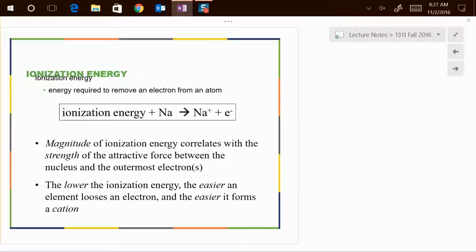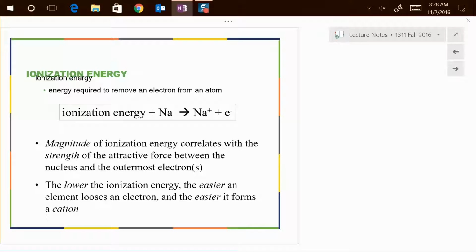Very little energy is required. What do you think the energy would be for fluorine to remove an electron? High, right? Does it want to lose electrons? No. It has its electrons pulled nice and tight close to its nucleus. It does not want to lose them. It wants to gain electrons. So it has a high ionization energy.